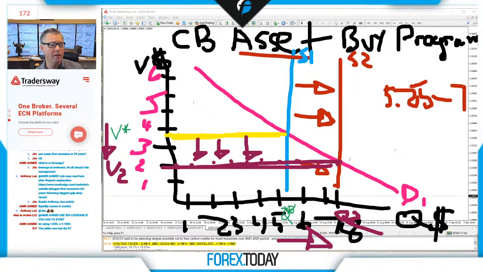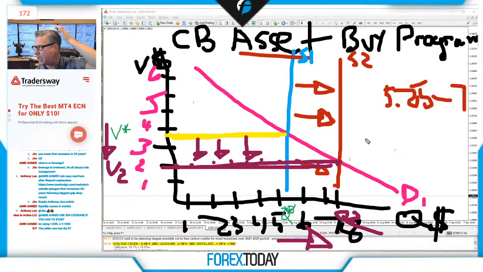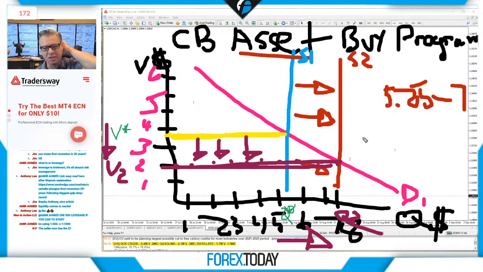But I'm assuming that you know this stuff because it's in the first 5 hours of the fundamentals course, right? This is basic. So that's why. You're like, well, why would the ECB want to buy some assets and increase their balance sheet? Why does the Fed want to do it?